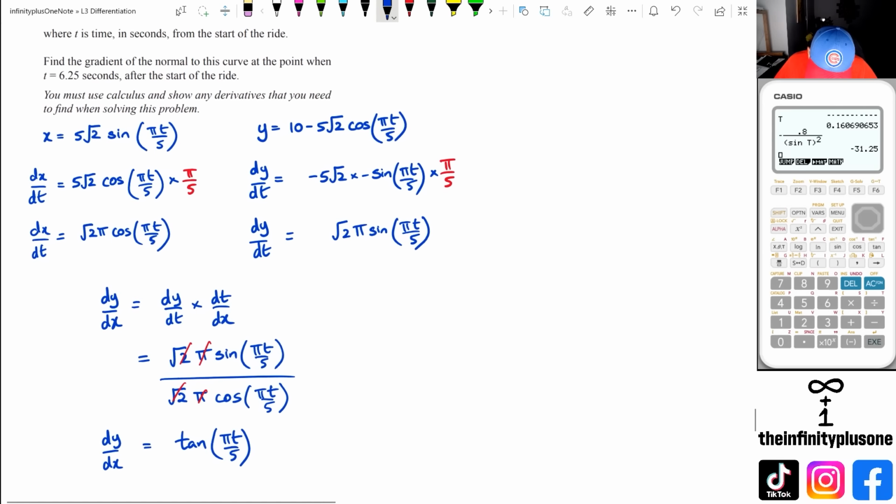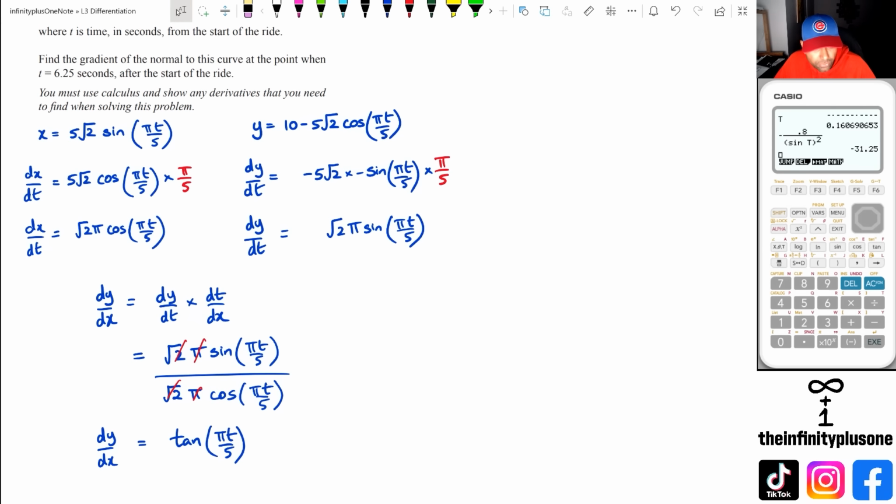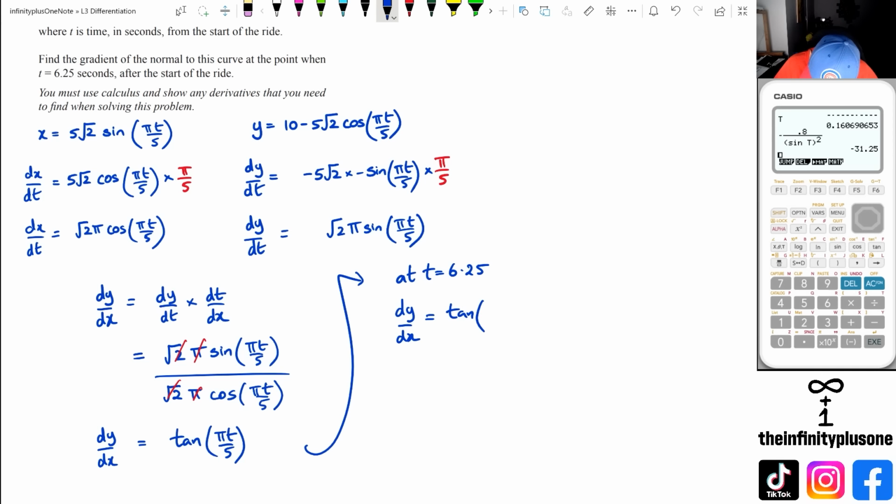So now I need to figure out when t is equal to 6.25, what the gradient is. So at t is equal to 6.25, dy dx is equal to tan of pi times 6.25 divided by 5. I'm going to have to try and work this out. So I've got 6.25 pi divided by 5.